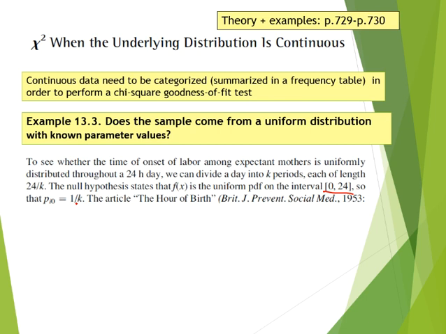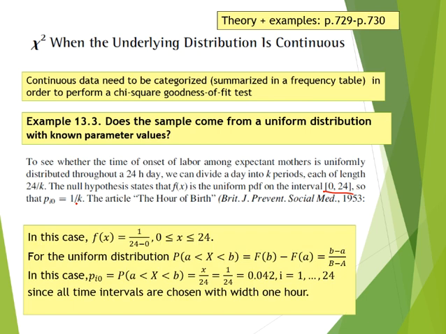So in this case, we divided it into 24 one-hour periods, which means a is equal to 0 and b is 24, and then your density function is 1 over b minus a, so it's just 1 over 24. We know in the case of the uniform distribution that the probability that x lies between two limits is the cumulative distribution function at the upper limit minus the cumulative distribution function at the lower limit, and it's given by this expression.